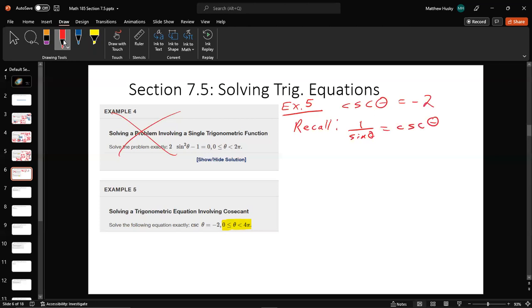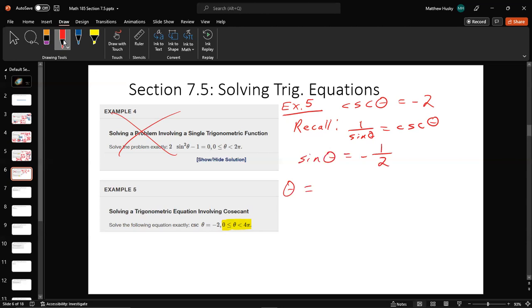So what we can do is take the reciprocal on both sides, and we can get something that we're a little more accustomed to working with. This would mean that sine of theta would equal -1/2. Now, a few minutes ago, I think we already solved for sine theta equaling -1/2.